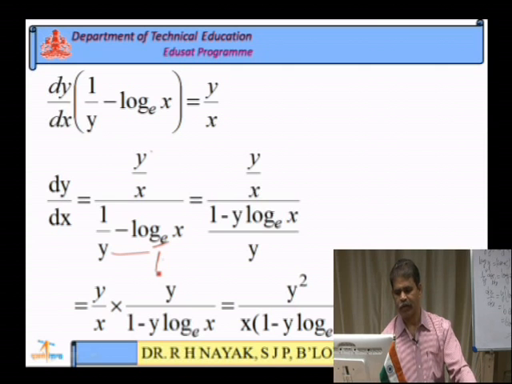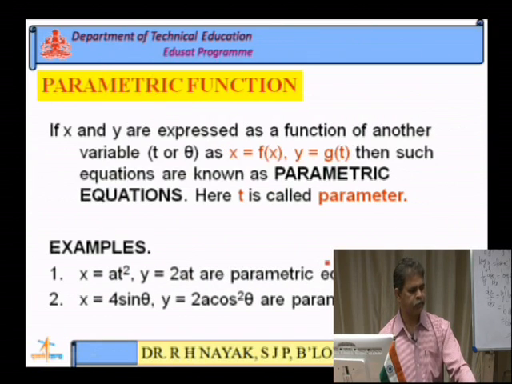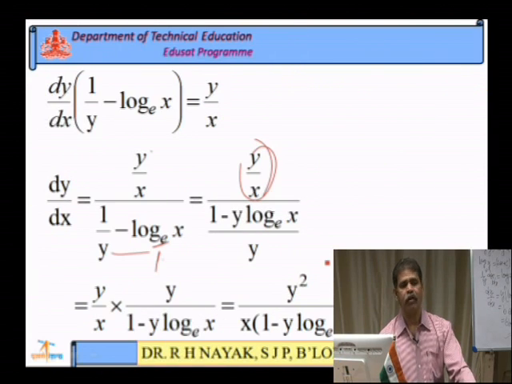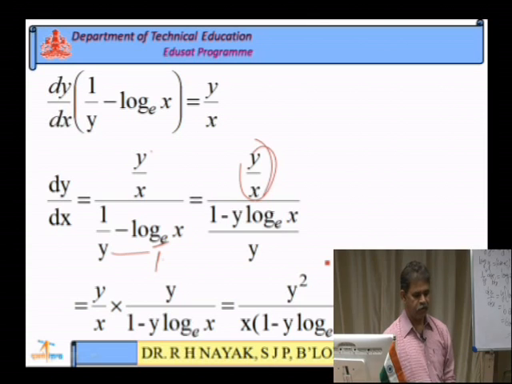If you cross multiply it, y by x into y divided by 1 minus y log x, it will become y square divided by x into 1 minus y log x. This is called implicit differentiation of logarithmic terms.